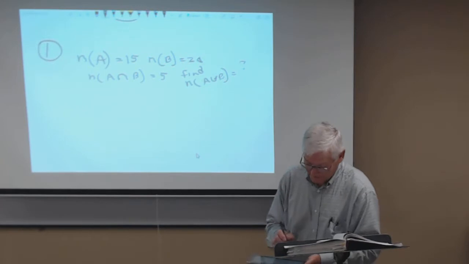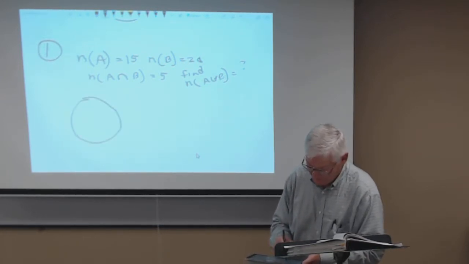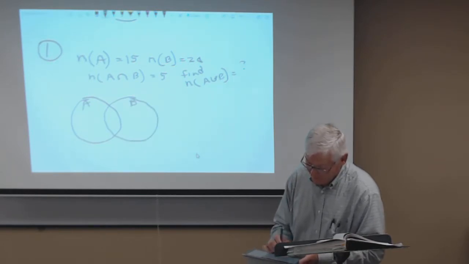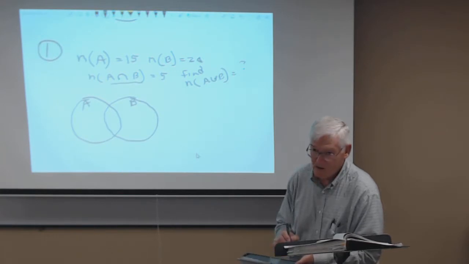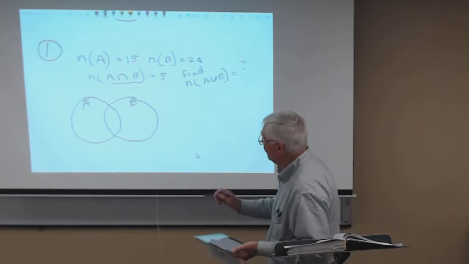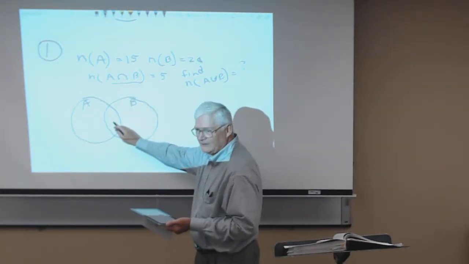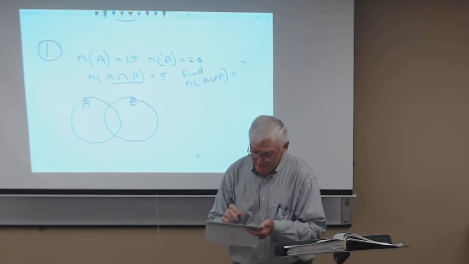Okay? So let's draw two pictures. Here's A. Here's B. And what does this say? The intersection of A and B is 5. So what goes in this space here? 5. So we put a 5 in here.